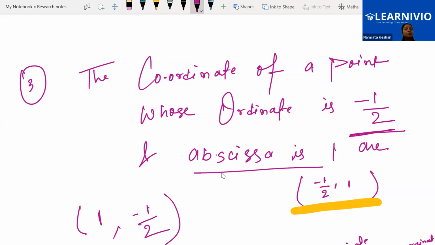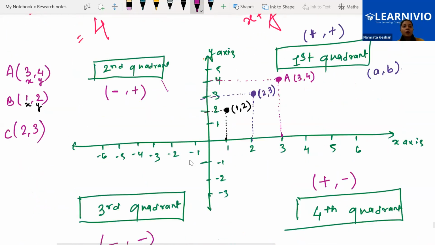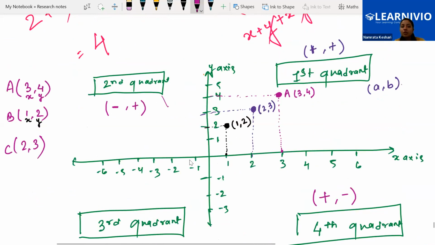Now let me clear one more thing. The point which we are locating on this coordinate axis will not always be like 3,4, 1,2, 2,3. It is not necessary that only integers are there, or only positive and negative whole numbers.